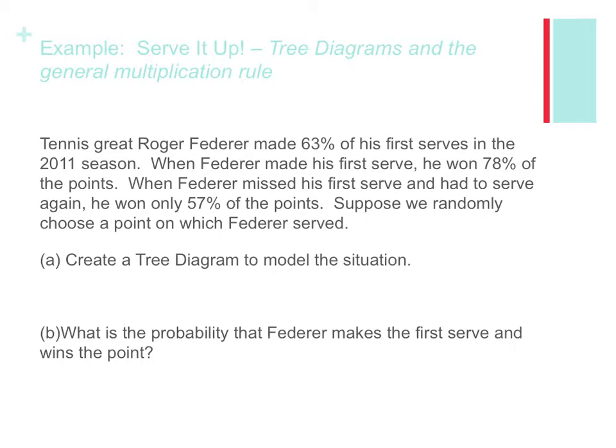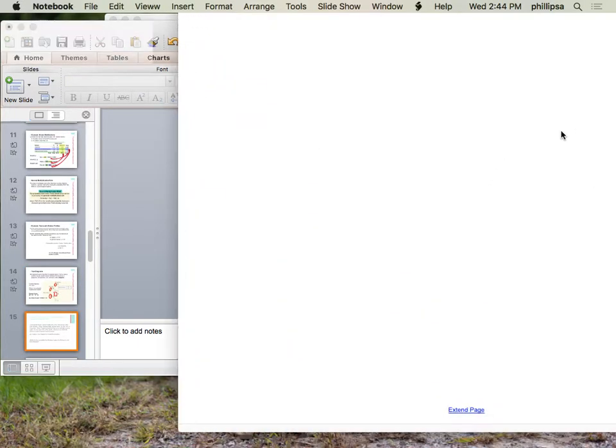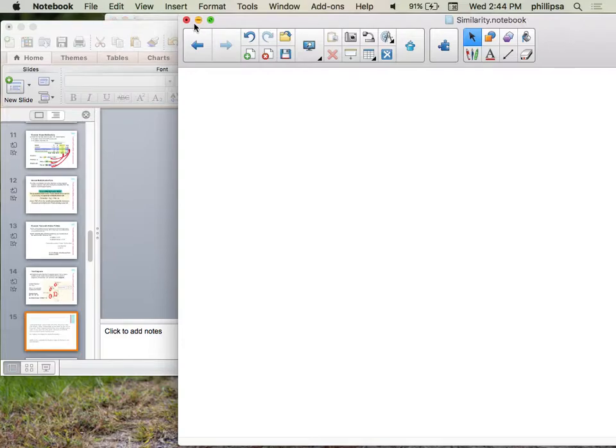Suppose we randomly choose a point on which Federer served. What we first want to do is make a tree diagram of this, and then find the probability that he makes the first serve and wins the point.